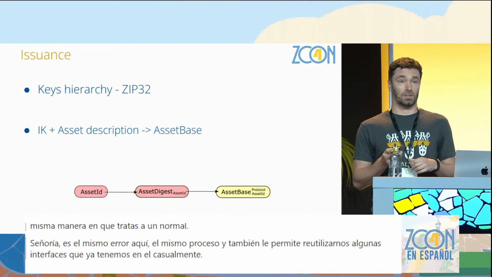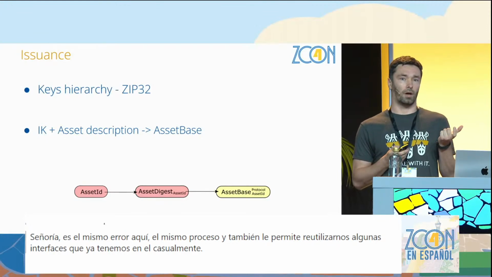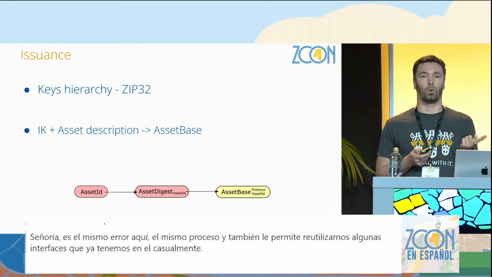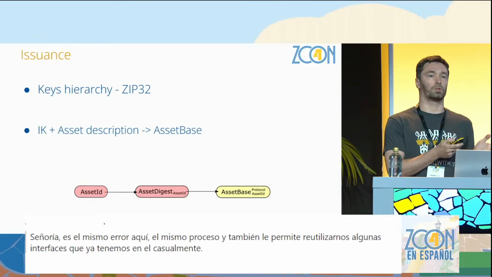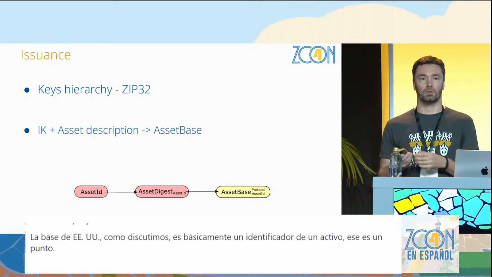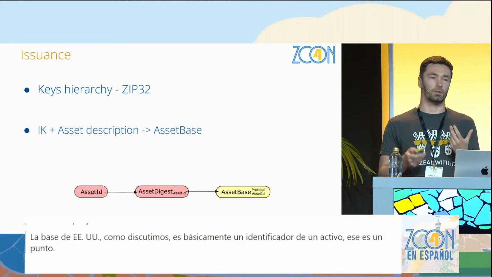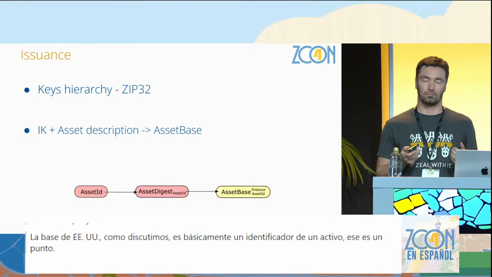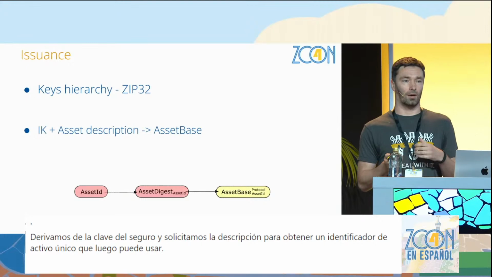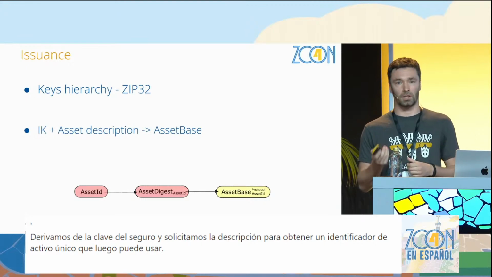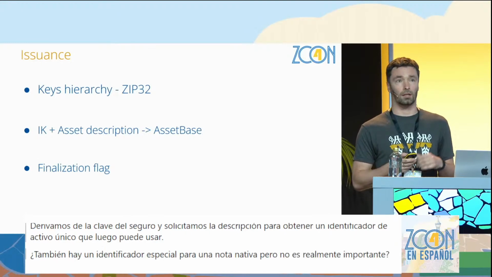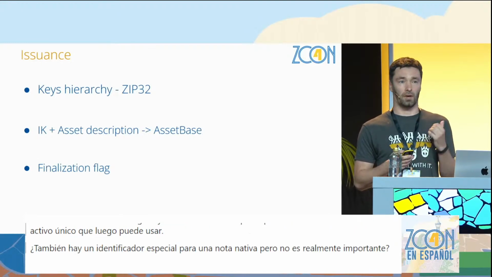Asset base, as we discussed, it's basically identifier of an asset. That's a point that we derive from issuance key and asset description to get unique asset identifier that you can later use to do things. Also, there is a special identifier for a native node, but it's not really important at the moment. And when you issue, you can also set finalization flag.